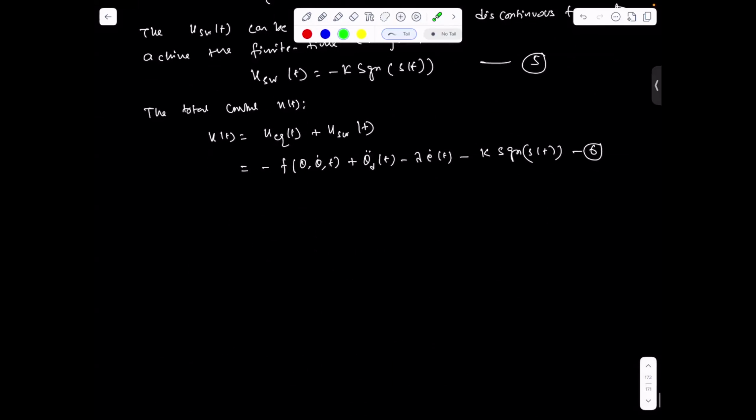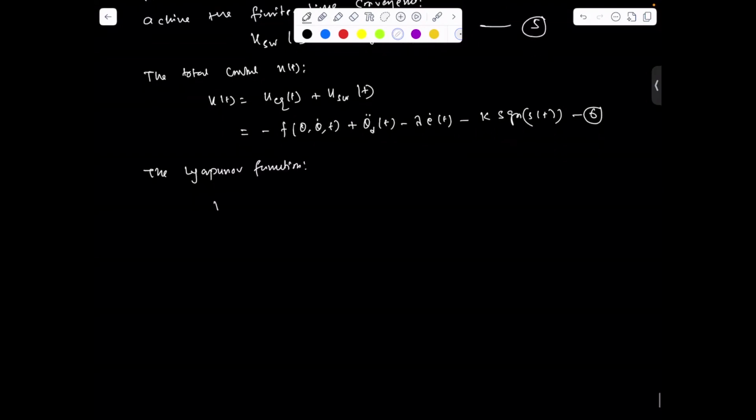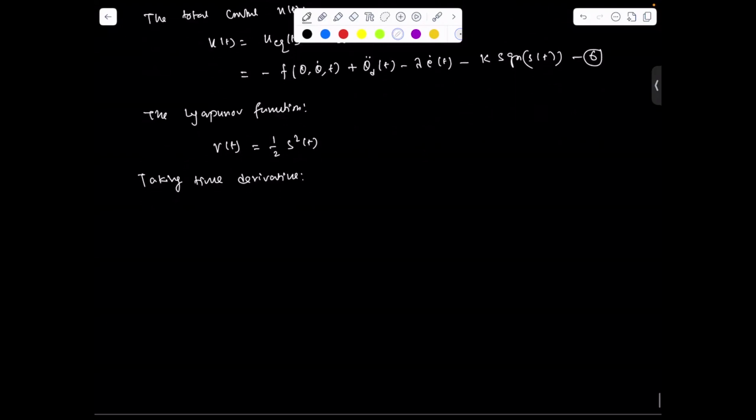So we can define the Lyapunov function, chosen to be V of t equal to half s squared t. And if you take the time derivative, we have V dot t equal to s t s dot t, right?